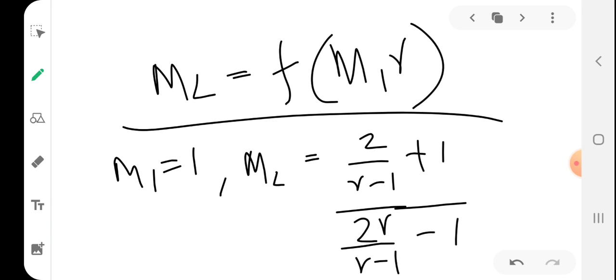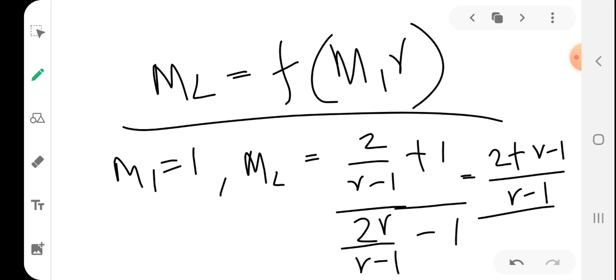So when M1 is unity, if you rearrange this, you will get 2 plus gamma minus 1 by gamma minus 1, by 2 gamma minus gamma plus 1 by gamma minus 1.